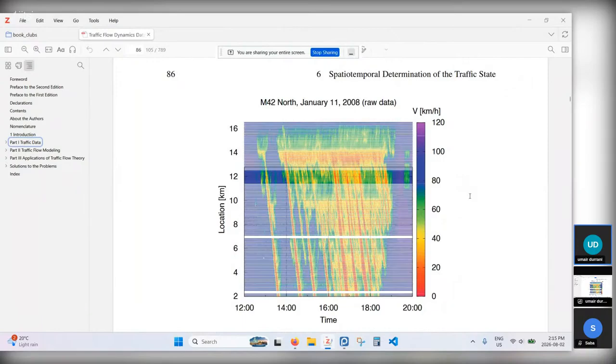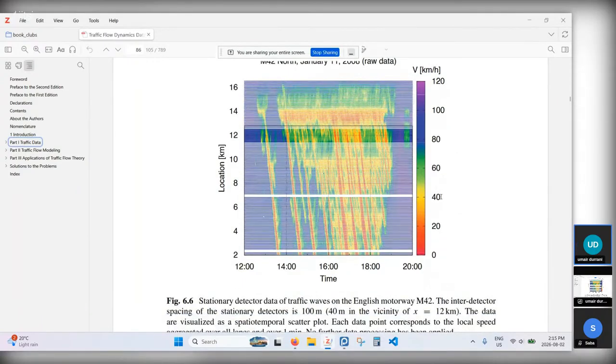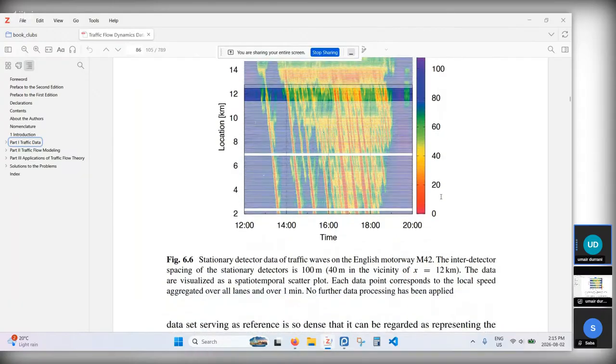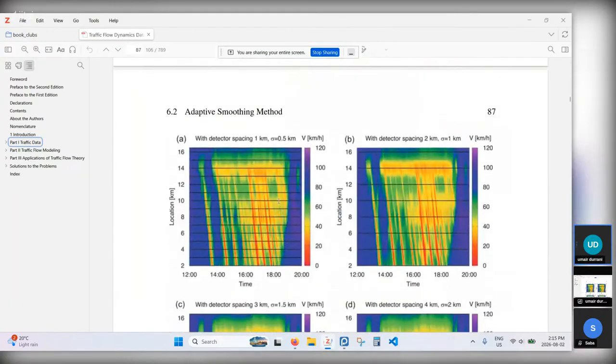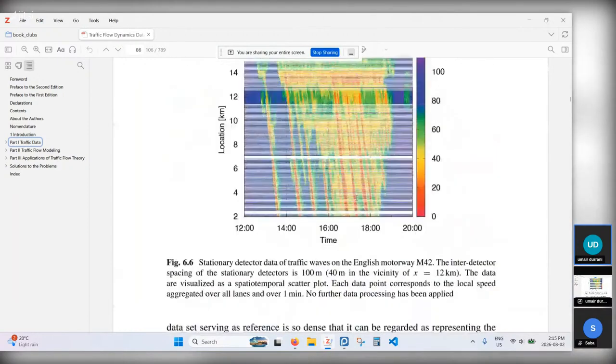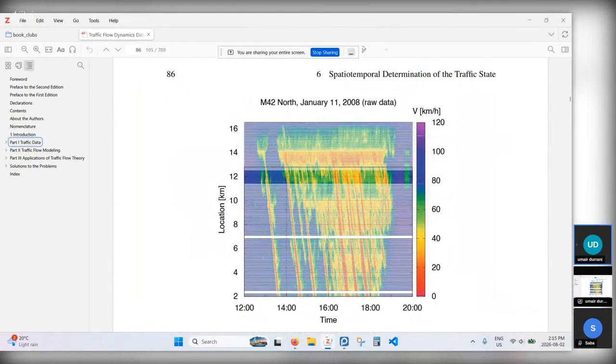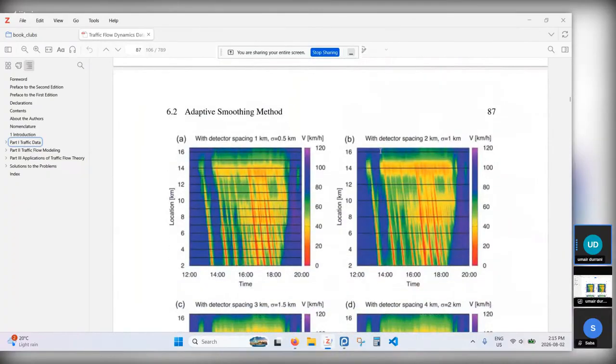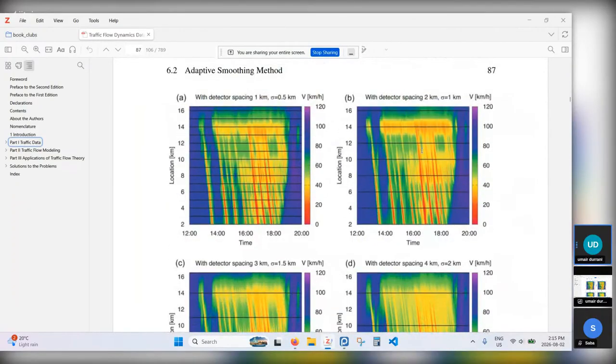And now, if we do smoothing by considering only a few of the detectors instead of every 10 meters, now we consider the values of only every detector at 1 kilometer of spacing, we get this result. So when we compare this result of multiple stop and go waves, it looks very similar to what the actual detector results show. If we increase the spacing, we still are getting good results with 2 kilometer of detector spacing.